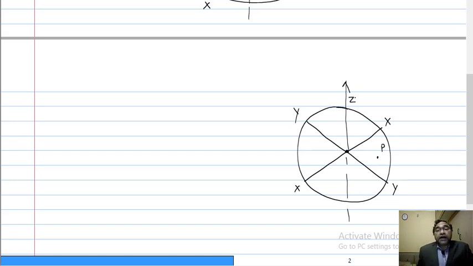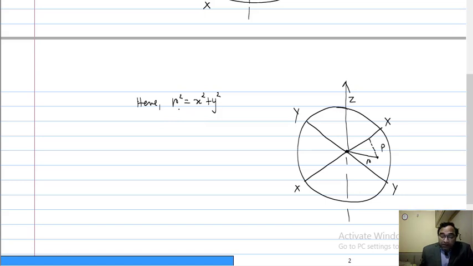From the axis of rotation, if I want to measure the distance, then this is r. Now, r square will be x square plus y square, because the coordinate of the point P is x comma y. Therefore, from the z axis its distance squared is r square, which is x square plus y square, and r is root of x square plus y square.